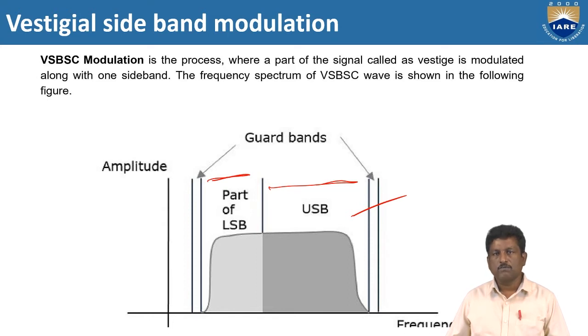To avoid this drawback of the SSB modulation technique, it can be overcome by this vestigial sideband modulation technique. One complete sideband along with a part of the other sideband, so you can easily retrieve the original signal without any disturbance, without any loss of the information.